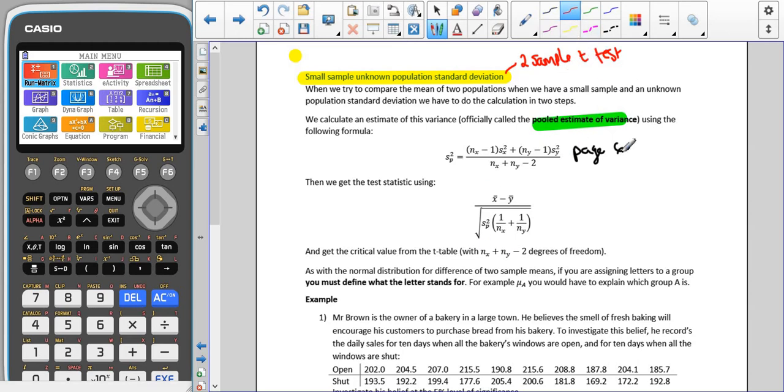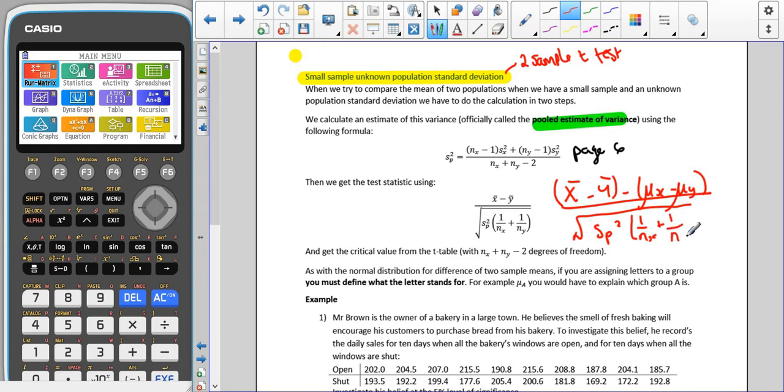And again, similar to when we were looking at the two sample normal test, the formula in the formula booklet is slightly different. So the one in the formula booklet looks like x bar minus y bar minus mu x minus mu y divided by the square root of SP squared times 1 over nx plus 1 over ny.